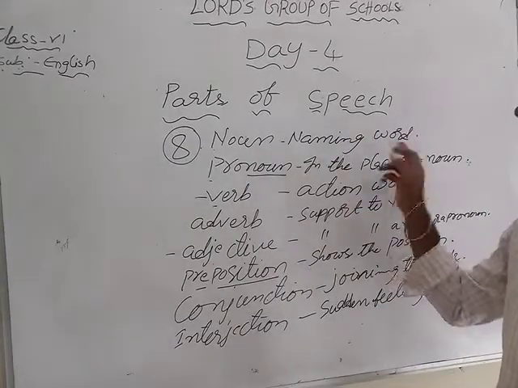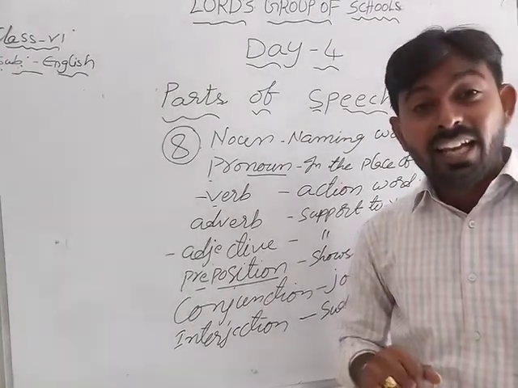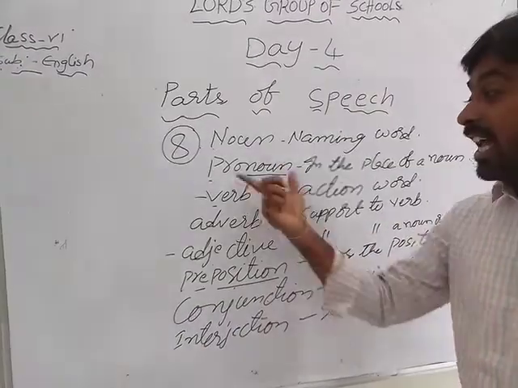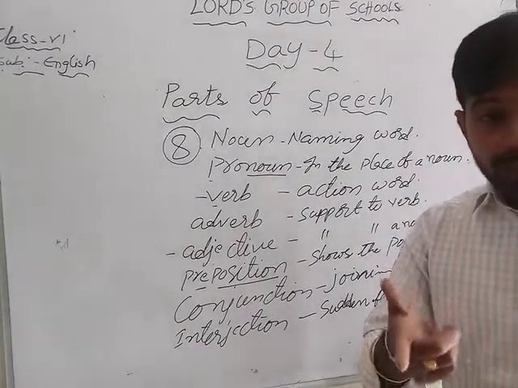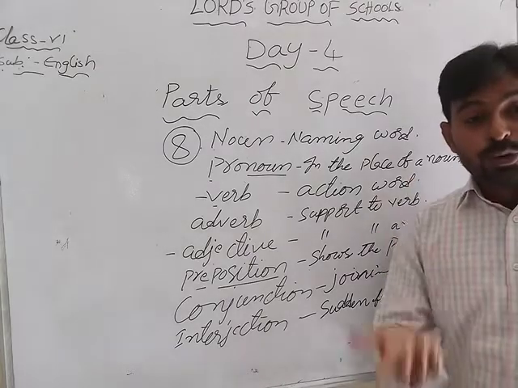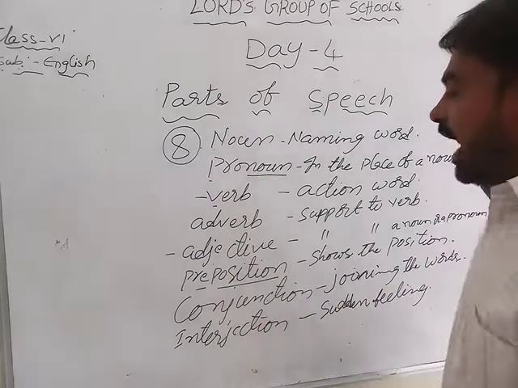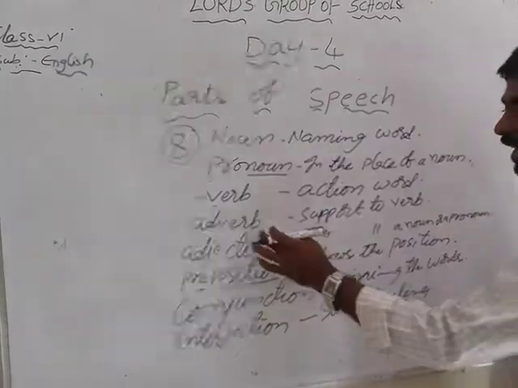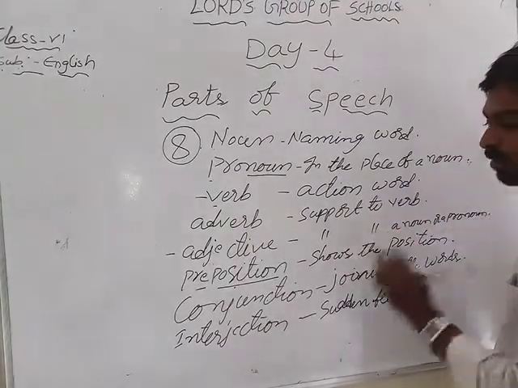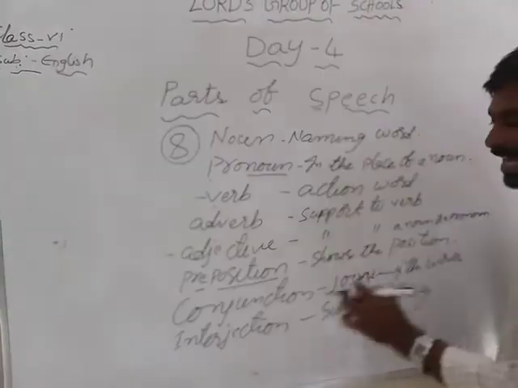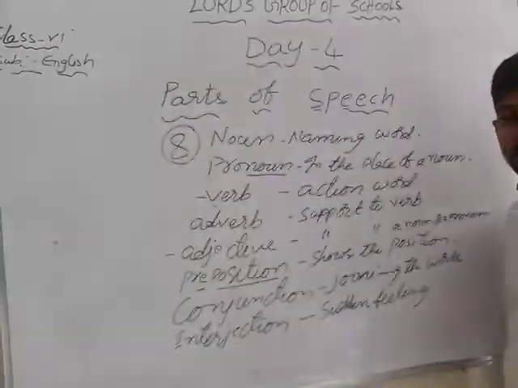A noun is a naming word, and a pronoun is used in the place of a noun, like I, we, you, they, as you learnt earlier. A verb is an action word, an adverb supports a verb, and an adjective supports a noun or a pronoun. A preposition shows position, a conjunction joins words, and an interjection is the sudden feeling.